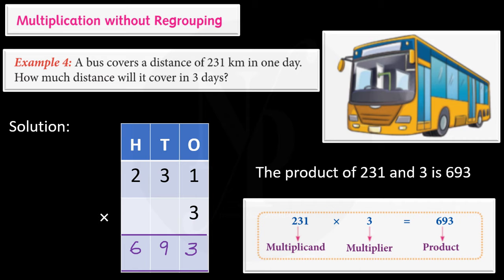Here the number 231 is called multiplicand and 3 is called multiplier, and the answer we get after multiplying is called product. So 231 is multiplicand, 3 is multiplier, and 693 is the product.